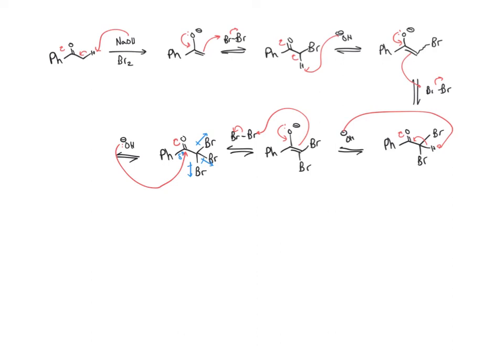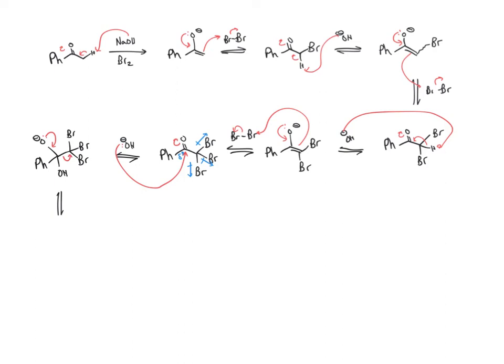Okay, so if we get hydroxide to attack the carbonyl, what do we get? We get O minus, hydroxide, and then our tribromomethyl group. What happens next is that you get collapse of that tetrahedral intermediate with loss of the leaving group. And this is the only time in which we get loss of a carbanion.